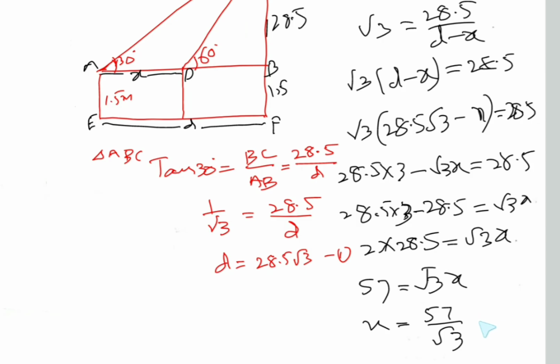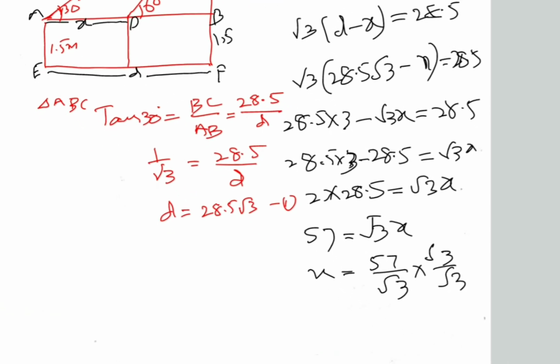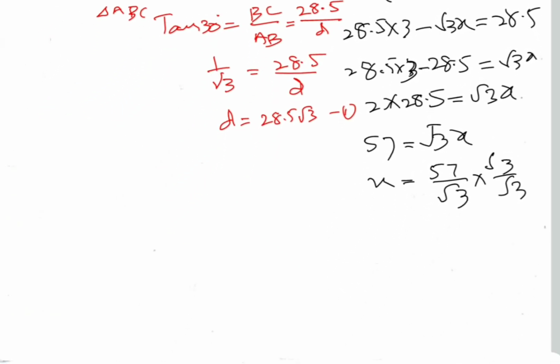Rationalizing by multiplying with root 3 by root 3, x is equal to 57 root 3 by 3. Three ones are three, three nines are twenty-seven, so x is equal to 19 root 3 meters.